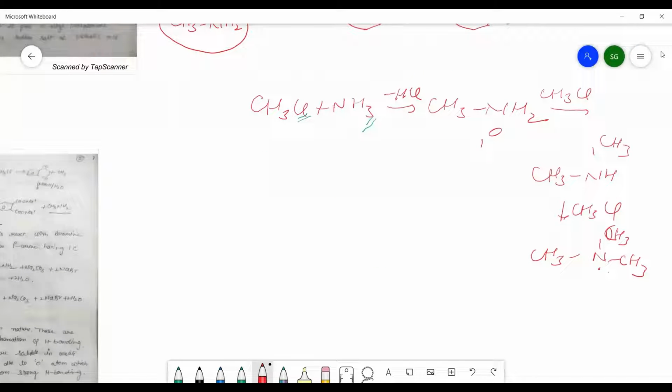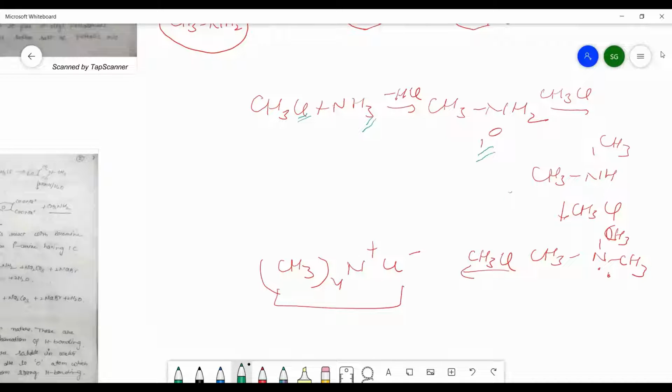Since there is a lone pair of electrons present on the nitrogen atom, one more alkyl group can also attack it, and it gives rise to the formation of a quaternary ammonium salt. Quaternary ammonium salt formation will be there. So you can easily understand there is a formation of primary amine, secondary amine, tertiary amine, and quaternary ammonium salt.